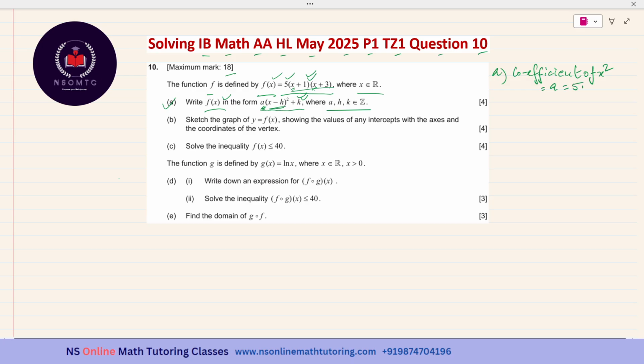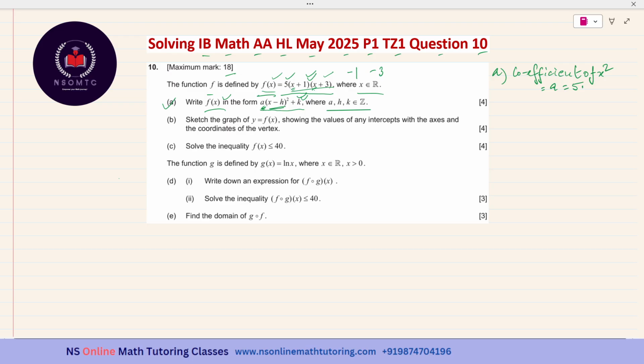Now there are actually more than one way of solving this part A. I'm using, because this is the root form, we are seeing that we are having two zeros, that is, one is -1 and another is -3 for this f of x.